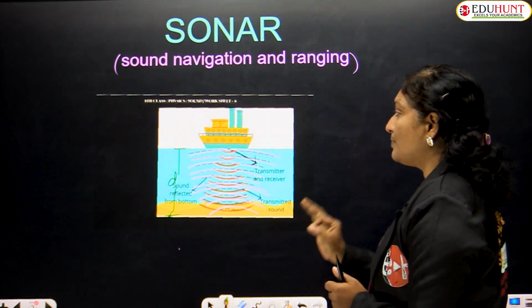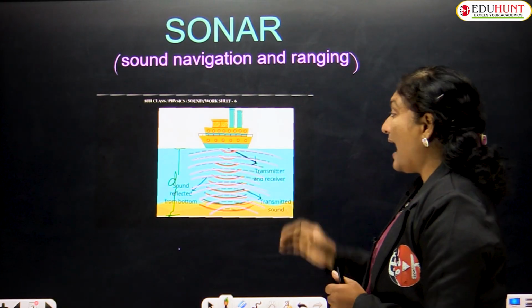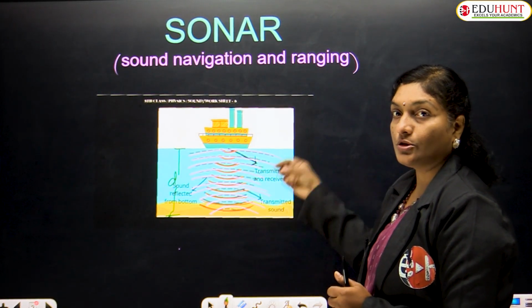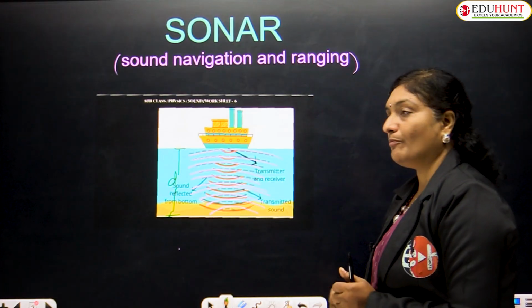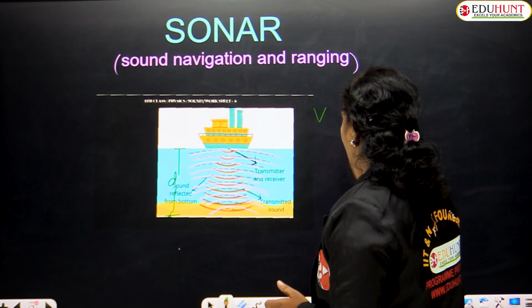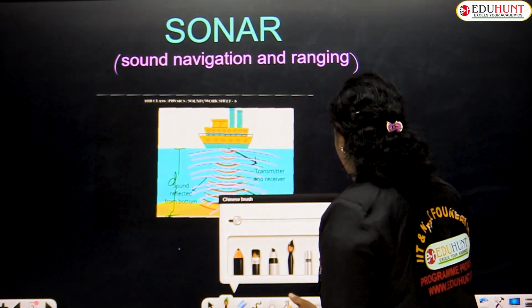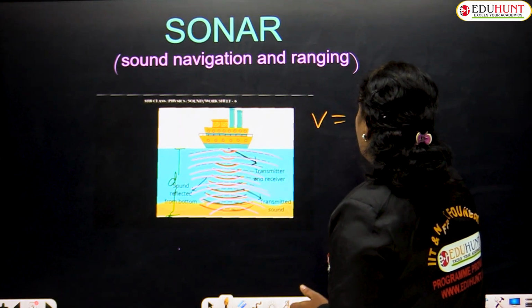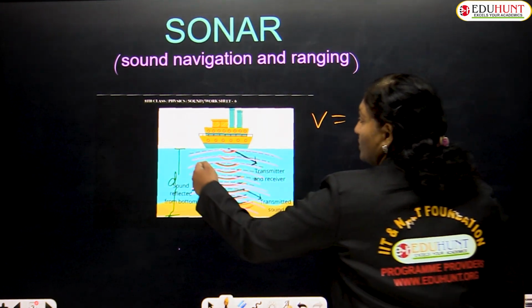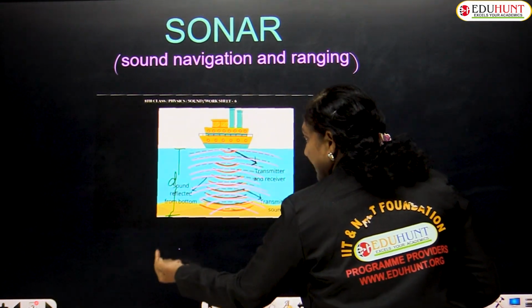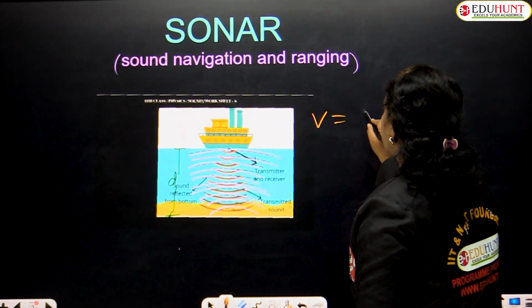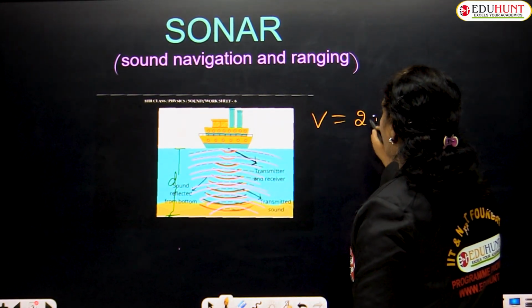If v is the speed of sound inside the water and t is the time taken to transmit and again receive back, then from the formula speed equals distance by time, what is the total distance, children? d inside and d back again. That is d plus d, totally we have 2d.